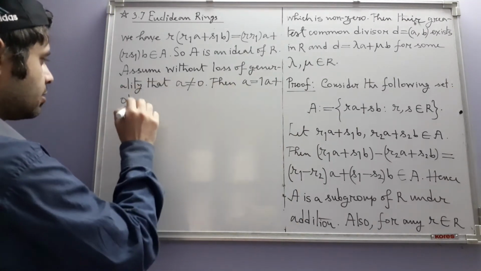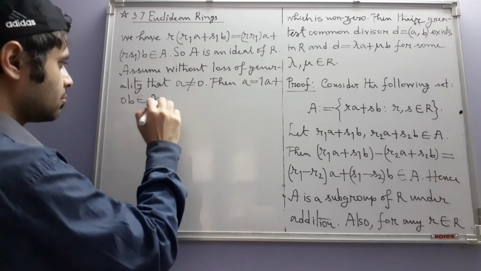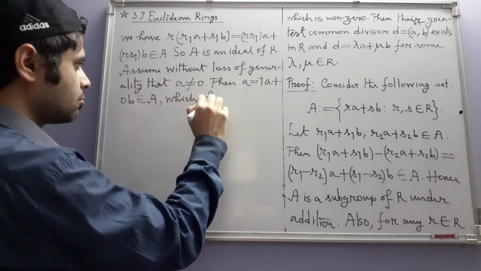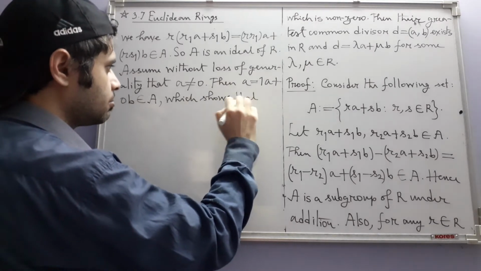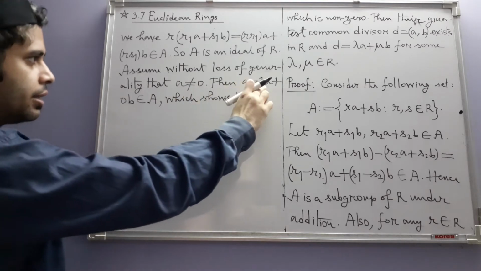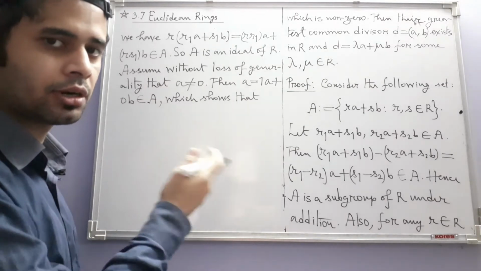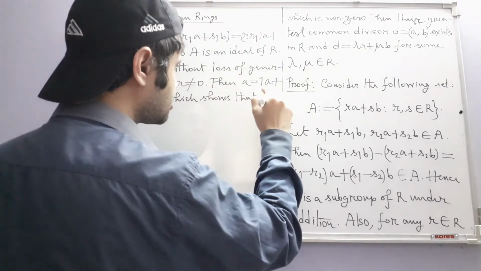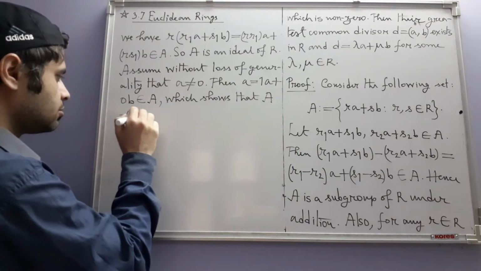So this has the required form again, so it belongs to A. You can justify the existence of 1 by writing that it follows from the corollary to theorem 371. I am not writing that here, it's understood. Which shows that A is not the zero ideal.